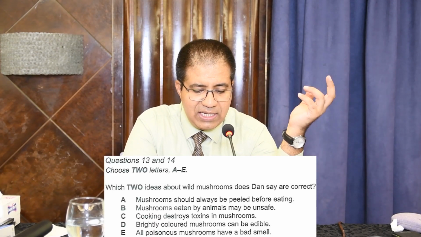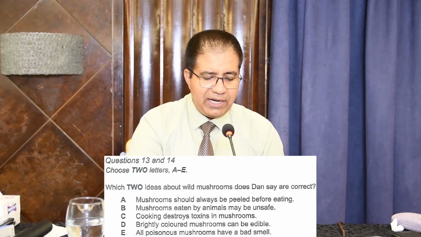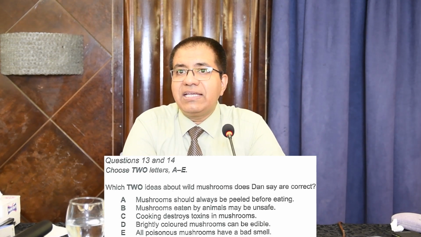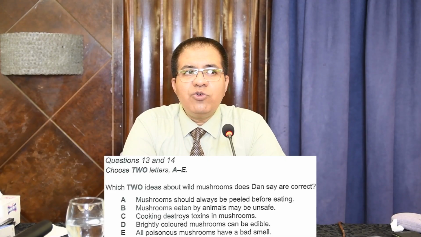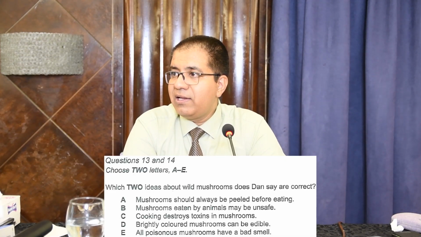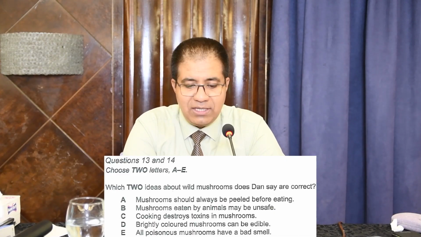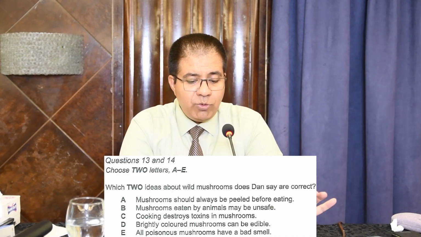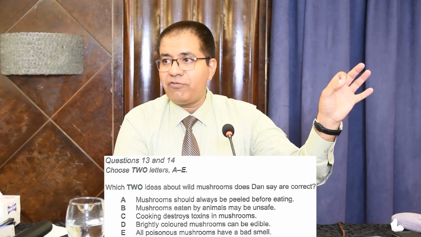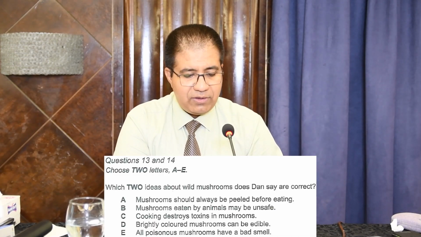Option A: mushrooms should always be peeled before eating. Now if he says you may peel mushrooms but you can eat without peeling as well, then this is not the right answer. And if he says mushrooms must be peeled before eating, don't eat the peel of the mushroom, then this can be the right one, okay?